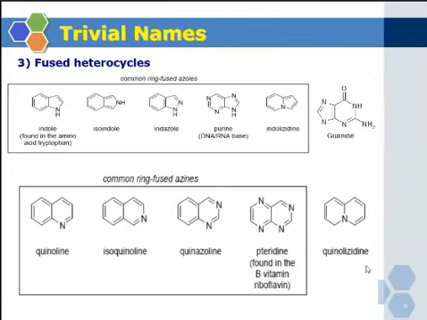Now let us see the trivial names given to the fused heterocycles. When we talk about fused heterocycles, we talk about cyclic compounds where two cyclic structures are fused with each other. Either both of them may be heterocyclic or one may be heterocyclic.